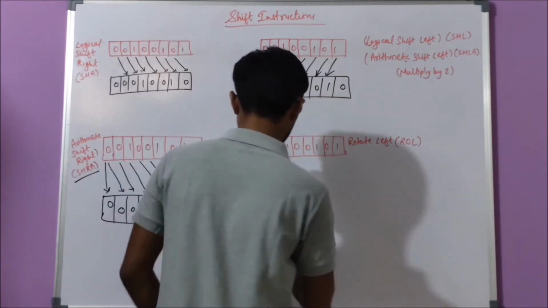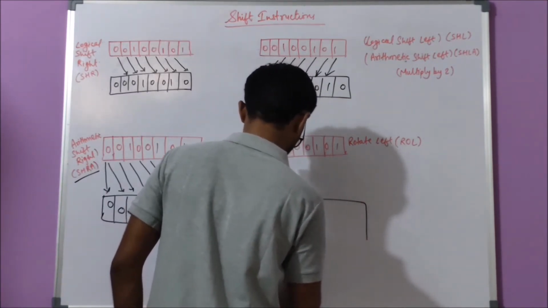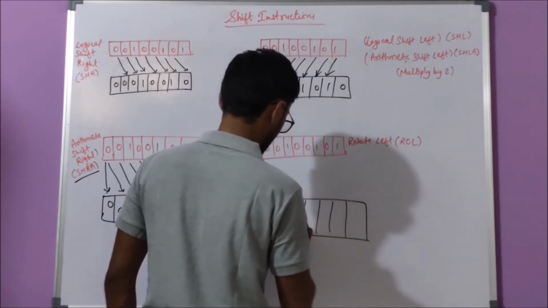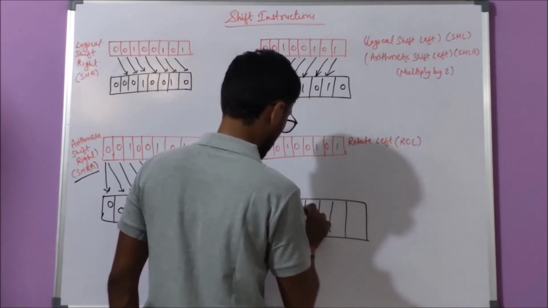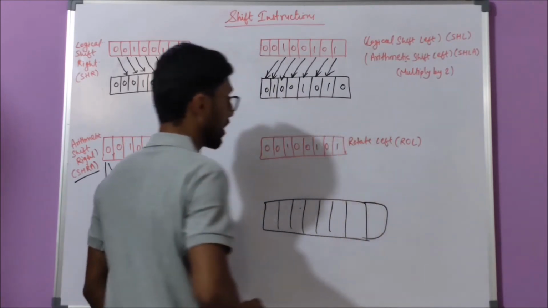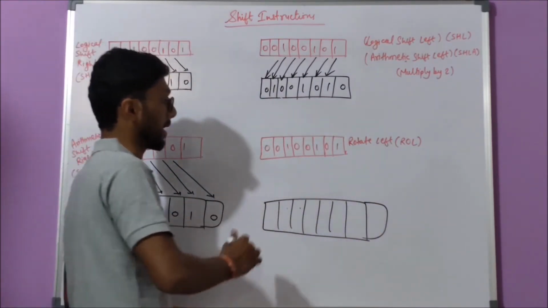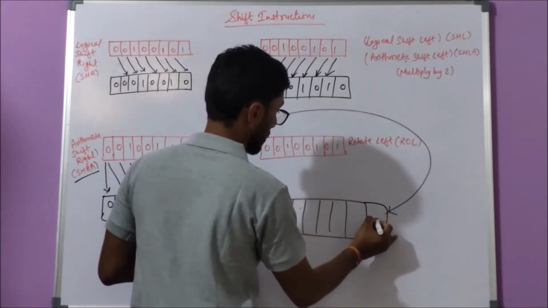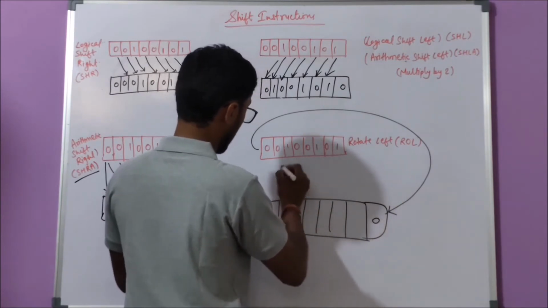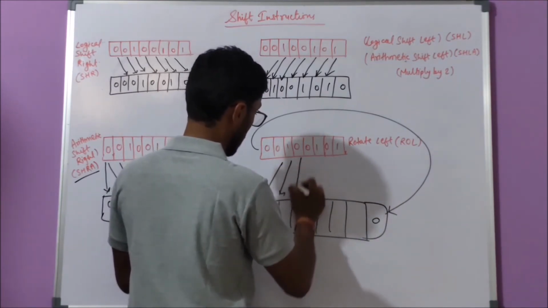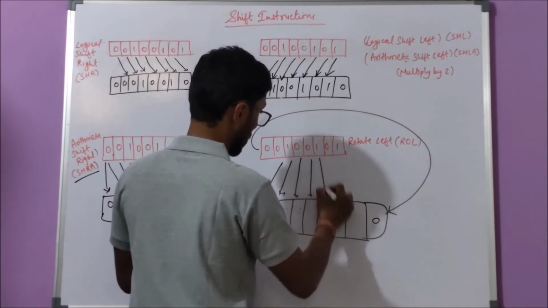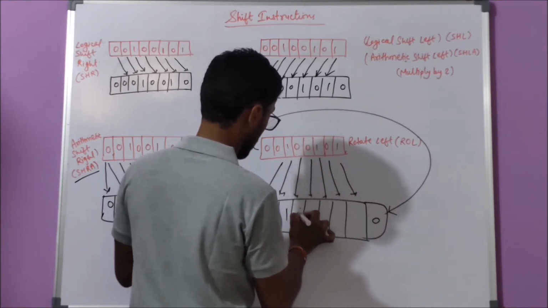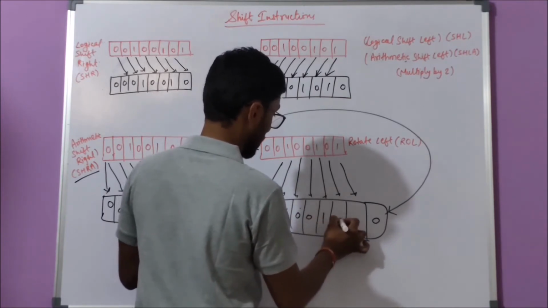Now rotate left. 1 2 3 4 5 6 7 8. We have to rotate it to the left side here, so this will come here, 0, and now everything will be shifted, so 0 1 0 0 1 0 1.